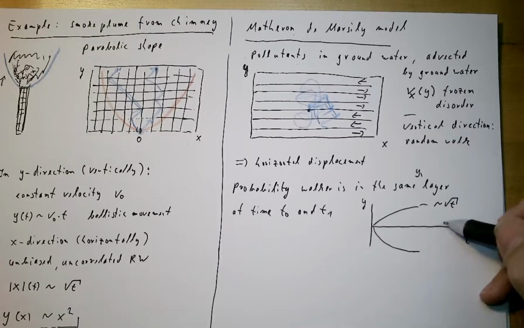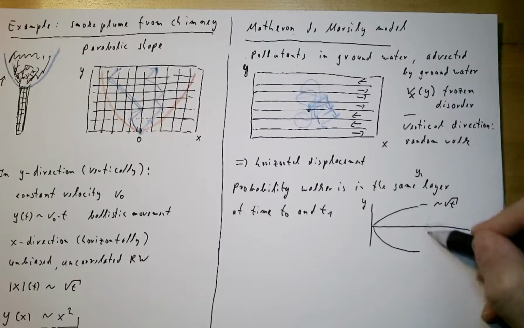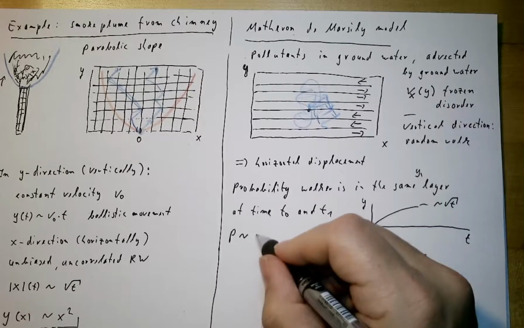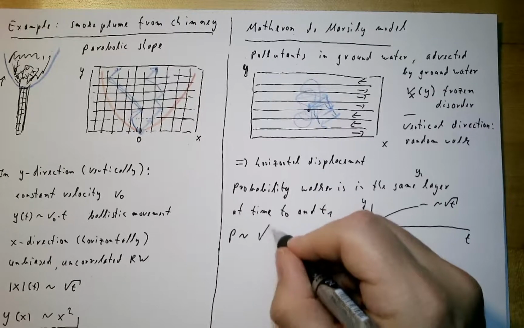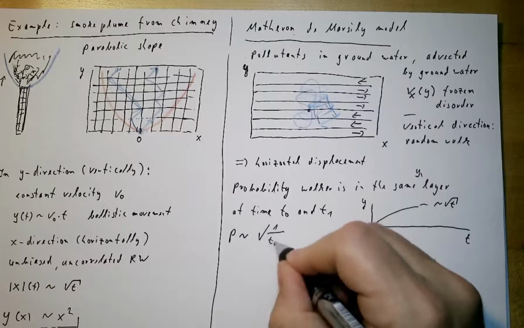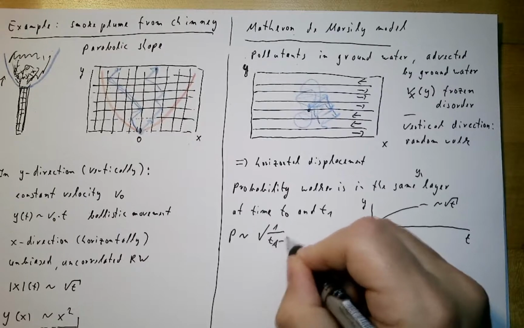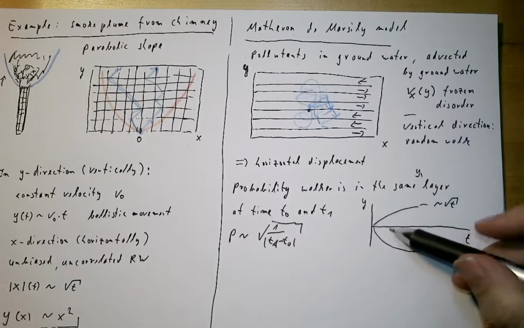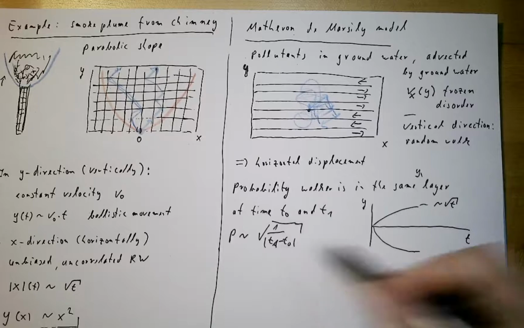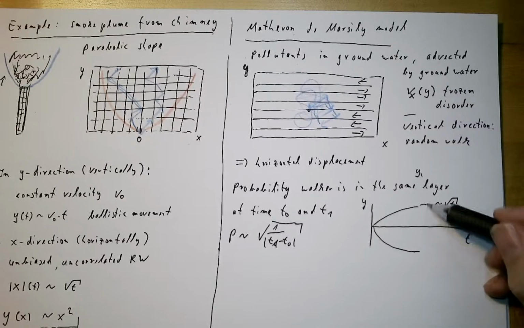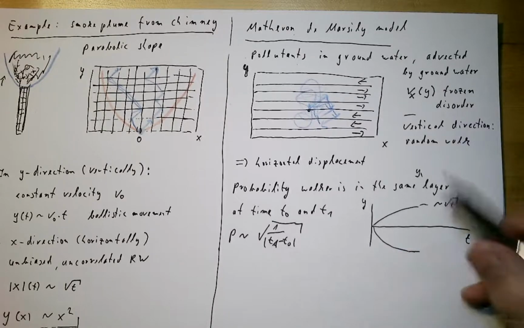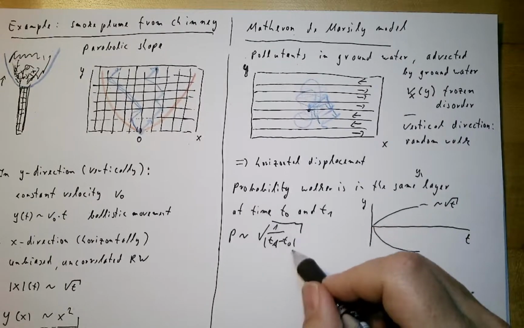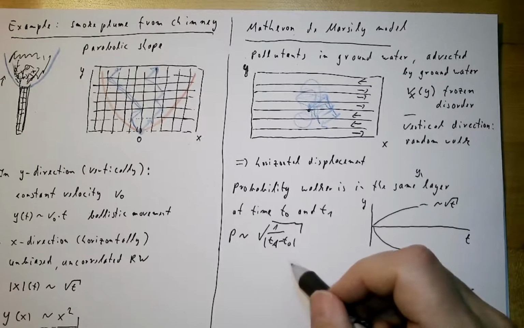So the probability to be still here, you can assume that this probability p goes proportional to 1 over the square root of t1 minus t0. Because the walker in a certain delta time advances on average with the square root of the time difference, and so the probability to be in the same layer goes with 1 over the square root of this time difference.